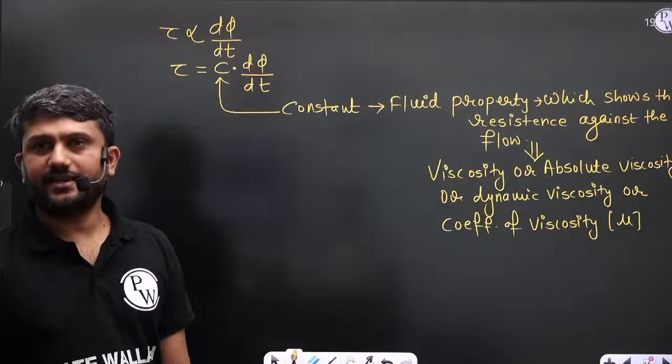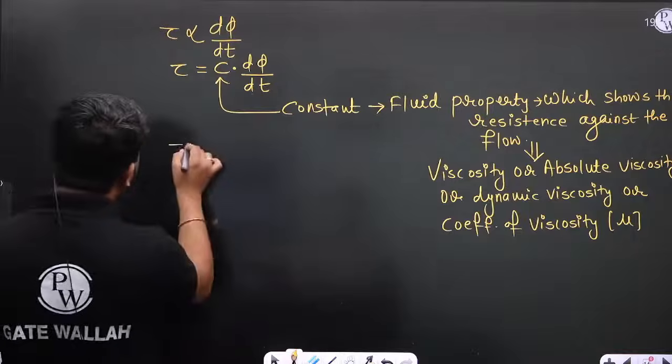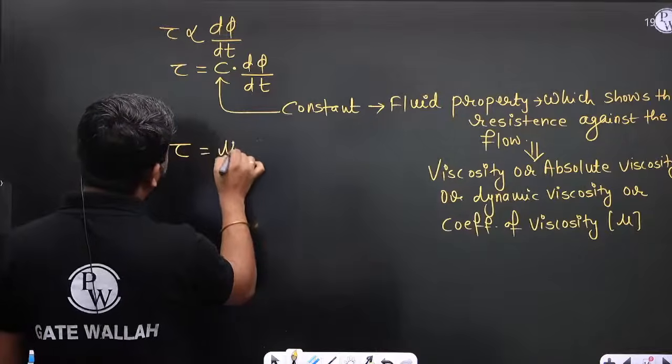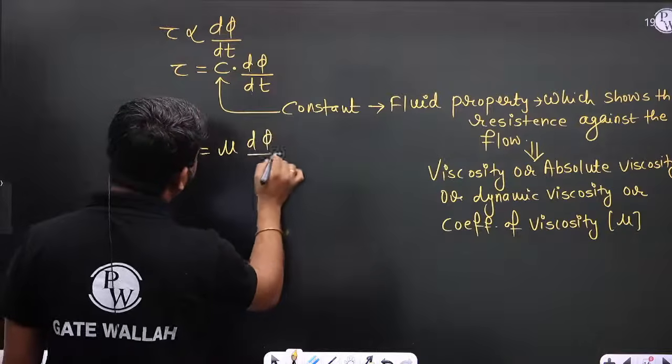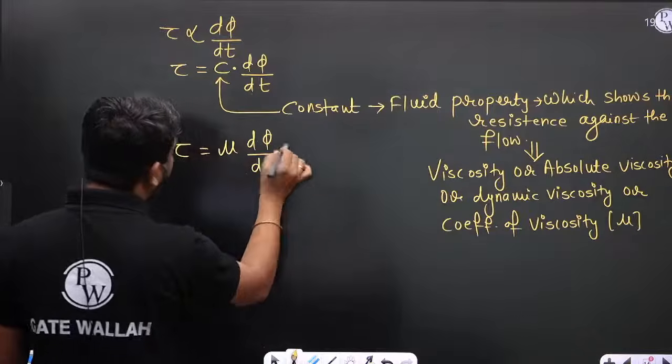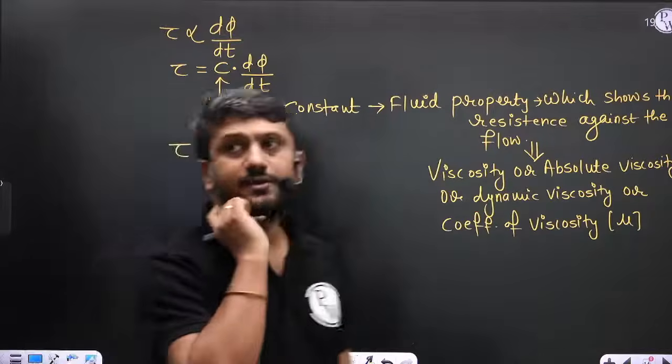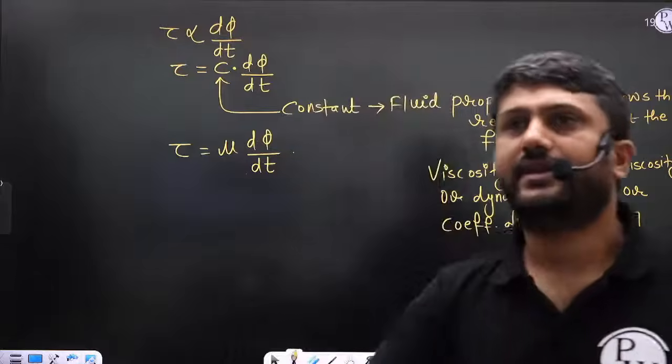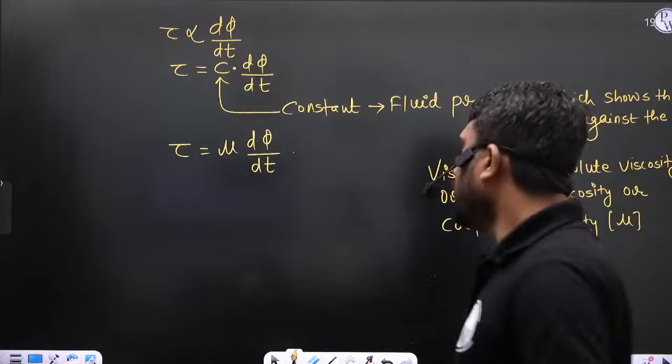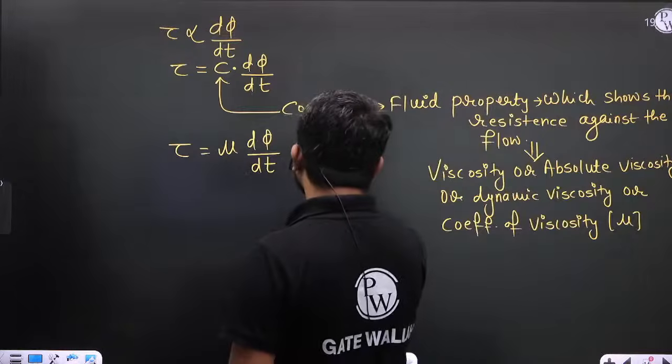So we can say tau is equal to mu d phi by dt, right? Tau is equal to mu d phi by dt. Now let us consider this as equation number 1.